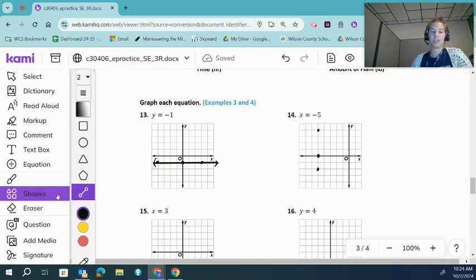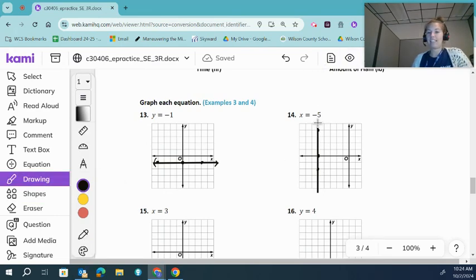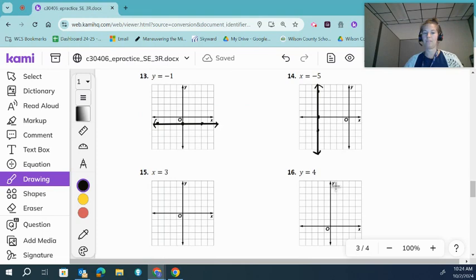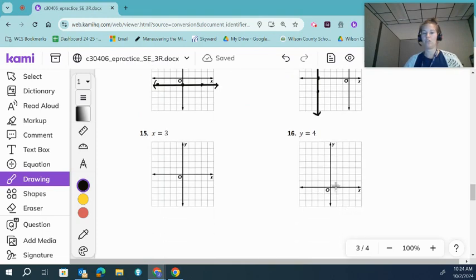So this creates a vertical line. When you see that, you can tell yourself, x is always -5, so no matter what, you can plot your points and realize that when x equals a number, it's going to give you a vertical line. When y equals a number, it's going to give you a horizontal line. And I'll let you try those 2 on your own.